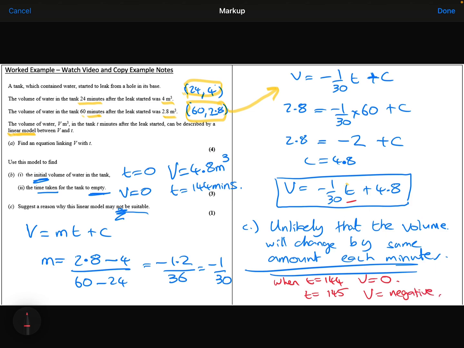You can't have negative volume. So this model is not suitable for any value of t above 144. You could make some sort of comment about that. There are other things you could say, but I think those are probably the two most common problems with this linear model.